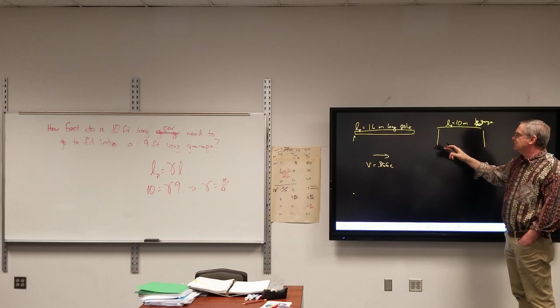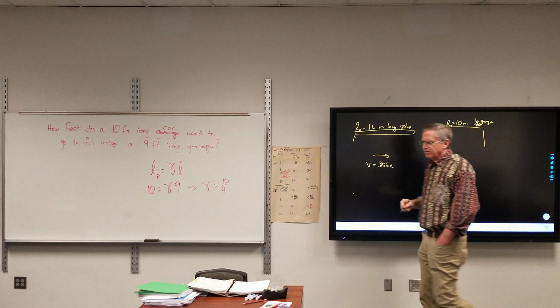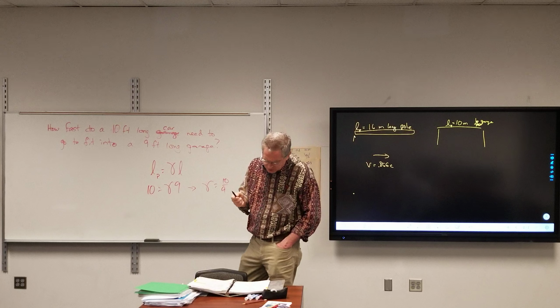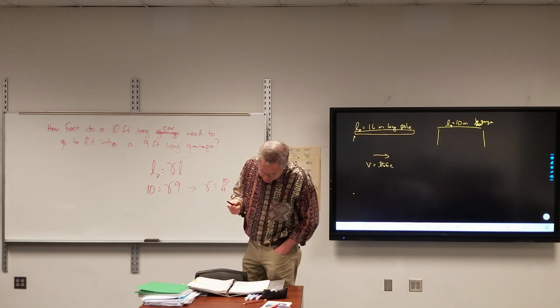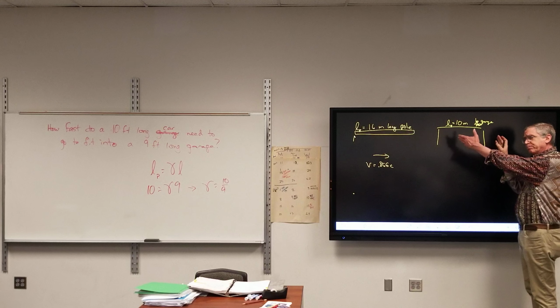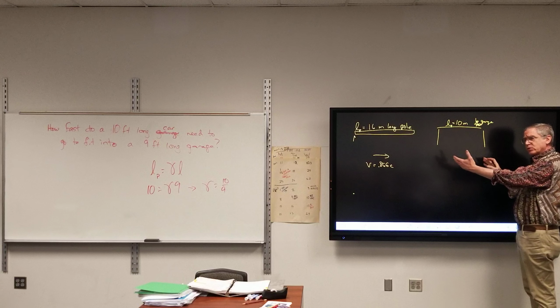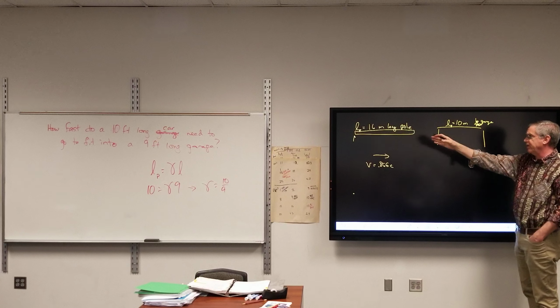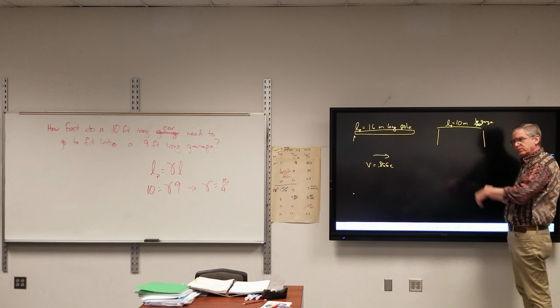I want to make sure I got that, because we've already talked about simultaneity. Okay. So when the left side of the pole gets inside, from the barn's point of view, both doors are going to close. I got a door here, a door here. The left side's going to come in, both doors will close.